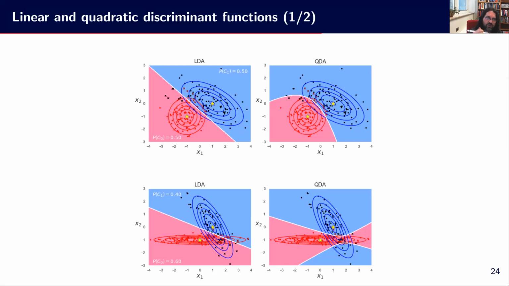But if we simplify, we just compute this assuming that they have the same covariance matrix. It will give us a linear model here, which is splitting the space that way. Everything on that side is from the blue class. Everything on that side is from the red class. And we also assume that the prior is 50-50. So this is the kind of result we obtain with the LDA, linear discriminant analysis.